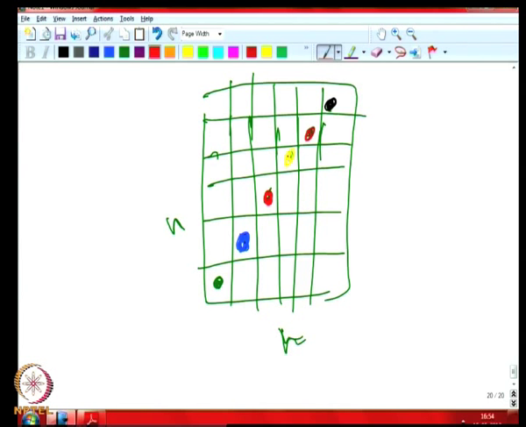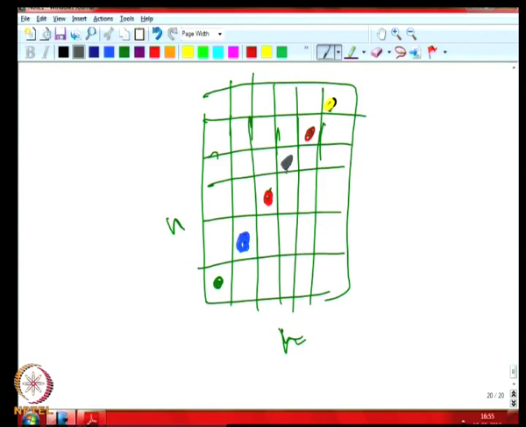Or if I had brought this yellow one and placed it here, and put that black rook here, that is different. Yeah, that will be different, right.